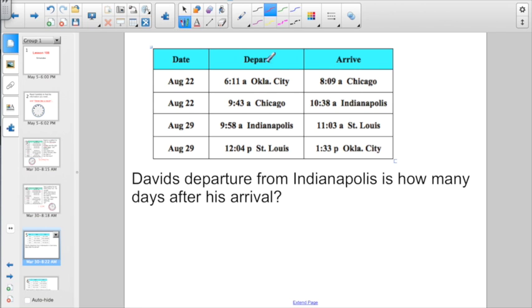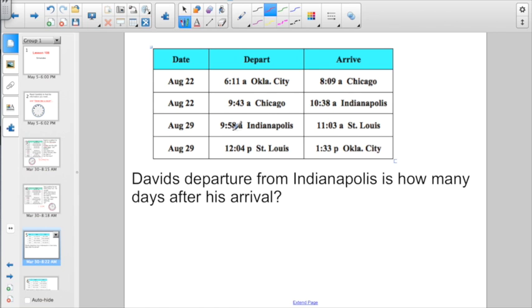David departs Oklahoma City, and he's gonna fly to Chicago. Then he's gotta change planes, and he's gonna take off in a different plane, and then finally arrive in Indianapolis. And when he wants to go back home, the same thing's going to happen.